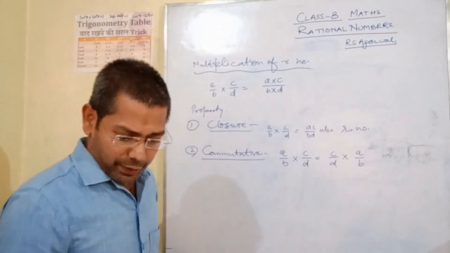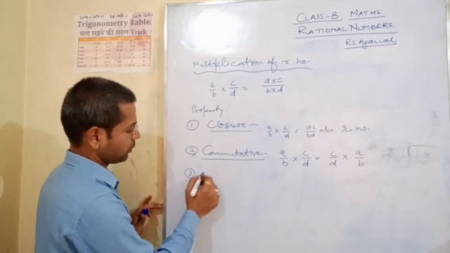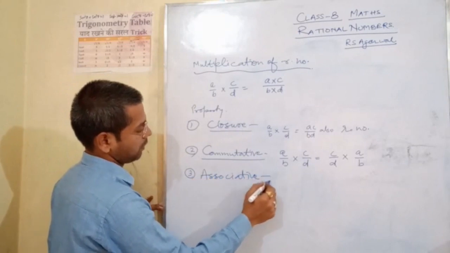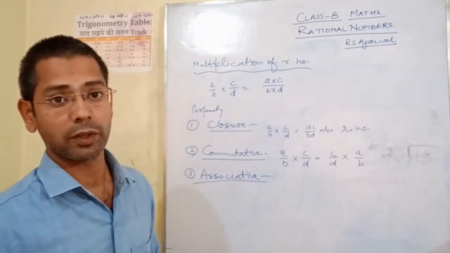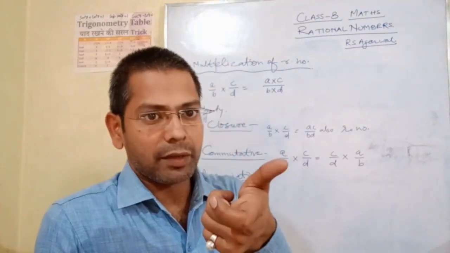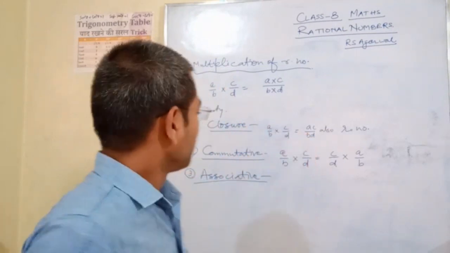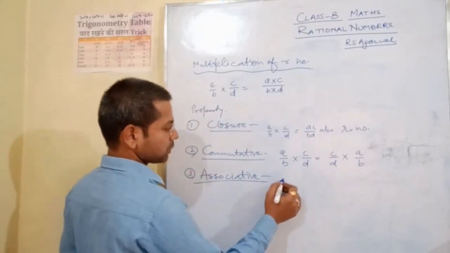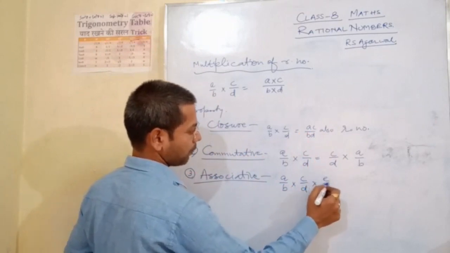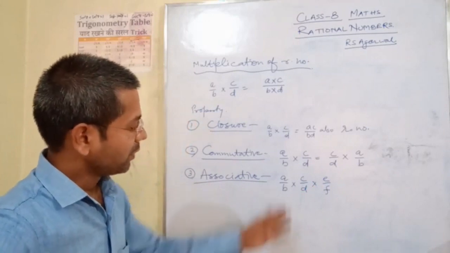The third property is associative. The associative property applies to three rational numbers, more than two. Associate means we group the numbers. Suppose three rational numbers a upon b, c upon d and e upon f are multiplied.